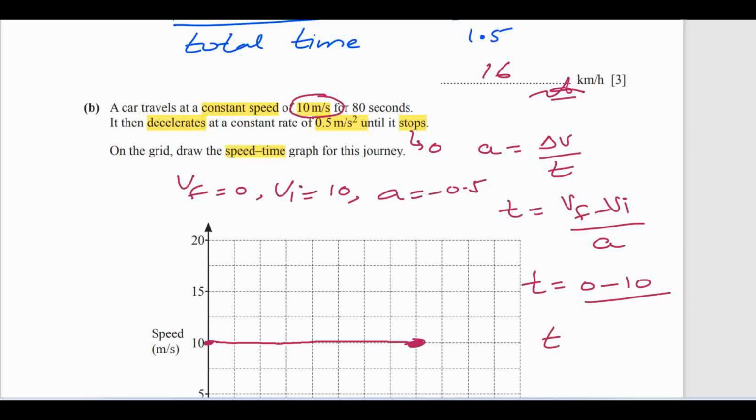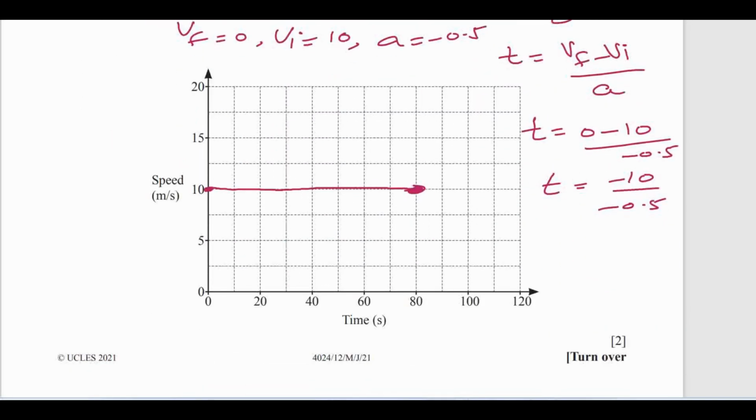So t will be equal to negative 10 over negative 0.5. So time will be equal to 10 by 0.5, which will be equal to 20 seconds. So 20 seconds means for the next 20 seconds, from 80 to 100, it will decelerate. I hope the concept is clear.